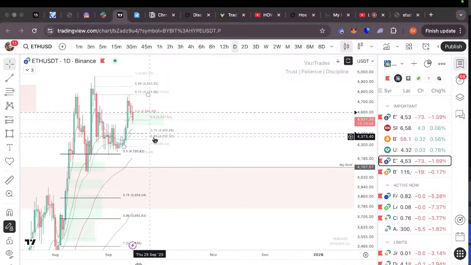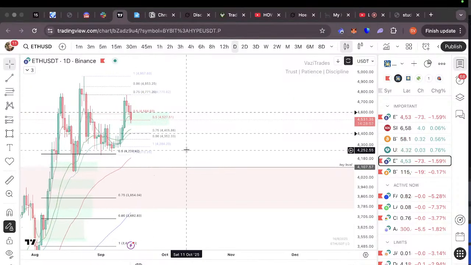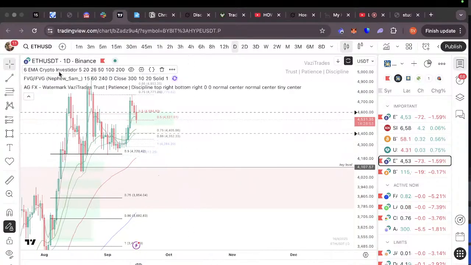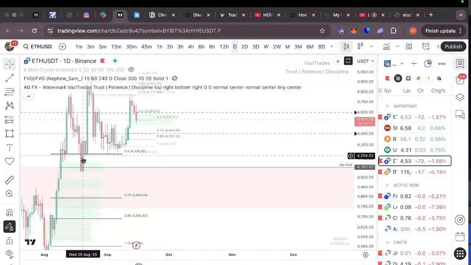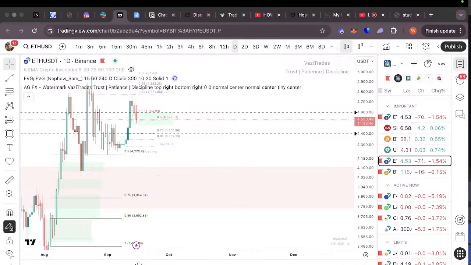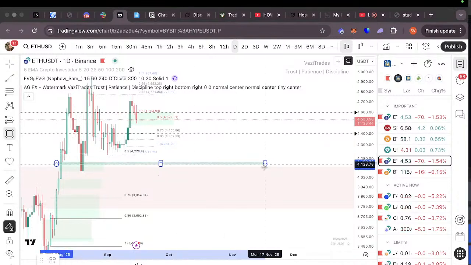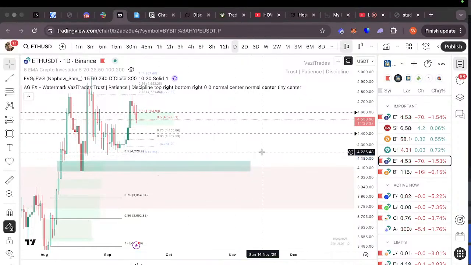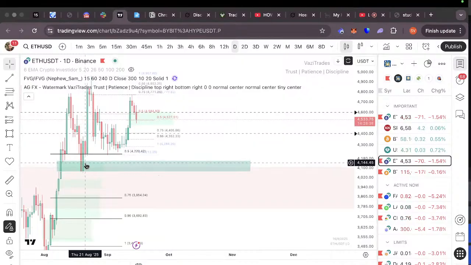We can see these levels on Fibonacci, and then price also losing this area, 4,100, or we can simply use this FVG zone around 4,000, 4,100. Yeah, which also aligns with the bullish order block zone of this candle.